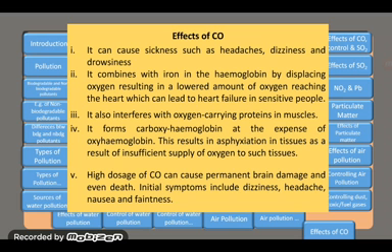Then initial symptoms before it results in permanent brain damage can include dizziness, headache, nausea, and faintness. So it is advisable not to play with this kind of gas, carbon monoxide.